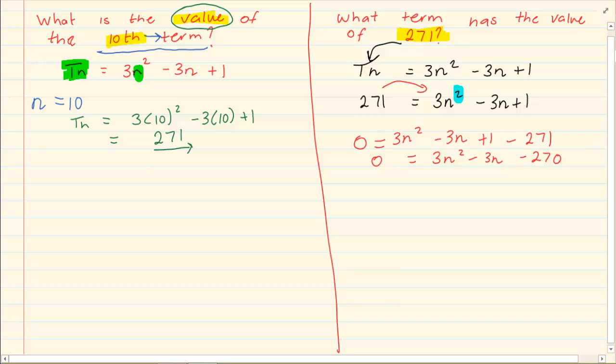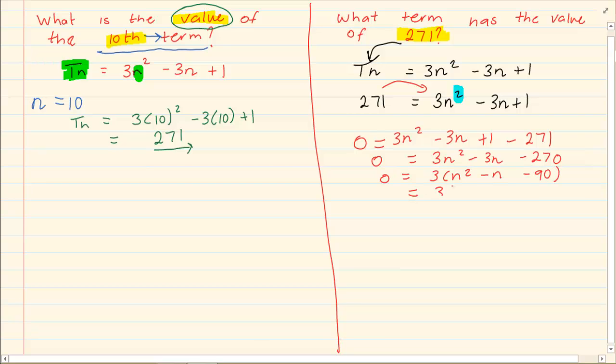Now from this step, you must be familiar with all your previous knowledge on solving for x. If you are not familiar with this, you have to go to your videos and master all your solving for x concepts, including grade 10. So we can take out a common 3 and we're left with n squared minus n minus 90.